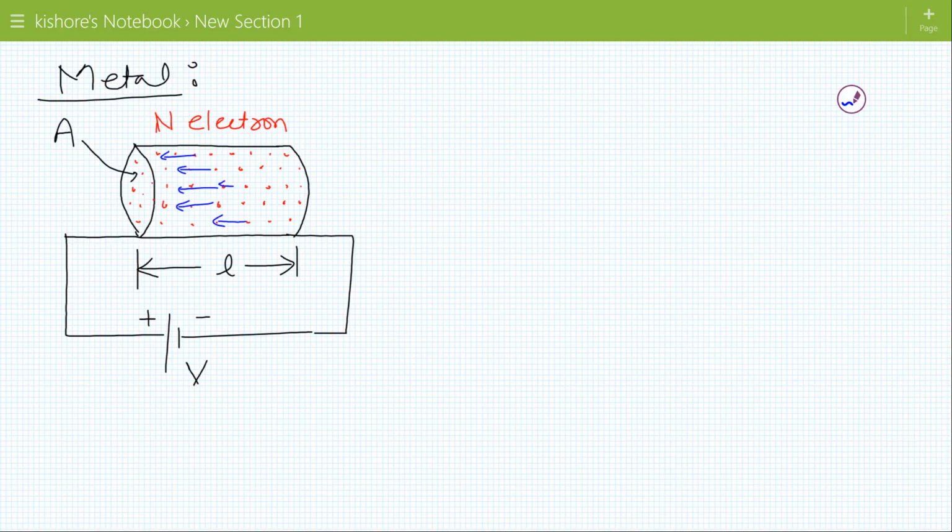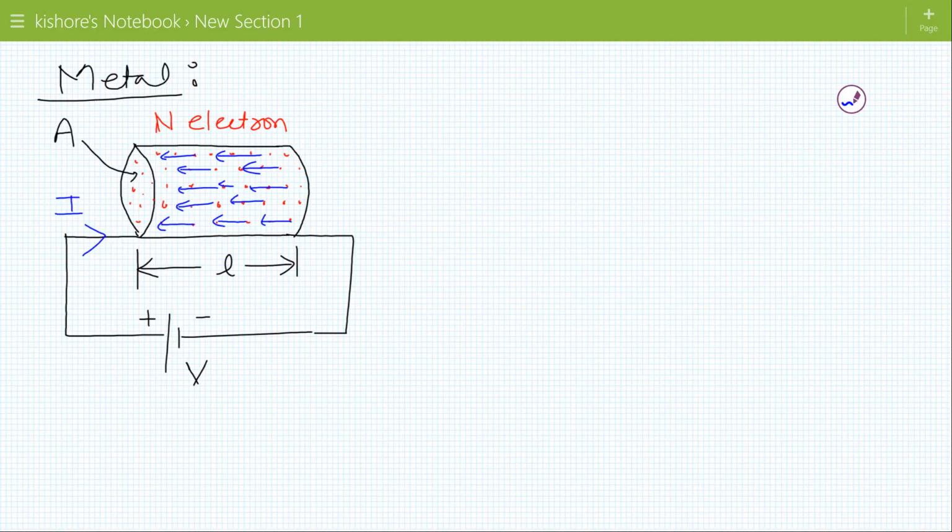All electrons are drifted from right to left side, and current will flow in the opposite direction. This is the direction of current through conductor.